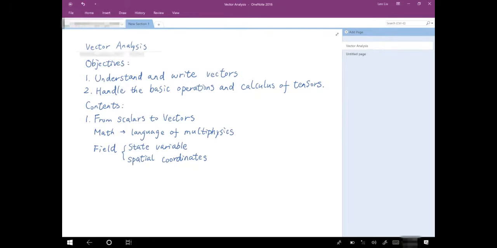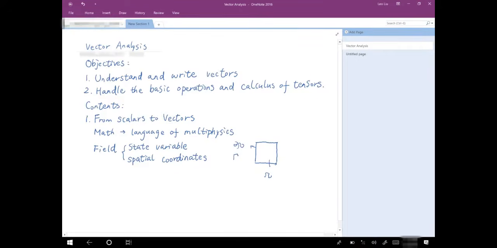So the definition of a field is that, for example, here I give one example, the temperature distribution. We use the word domain to represent the area of the object or system that we want to analyze. Inside the domain is omega, and the boundary of it, sometimes we use delta omega, or sometimes we use this symbol to represent it.